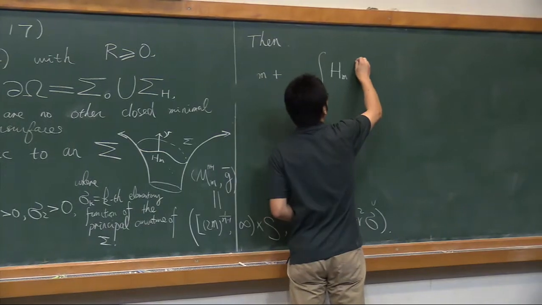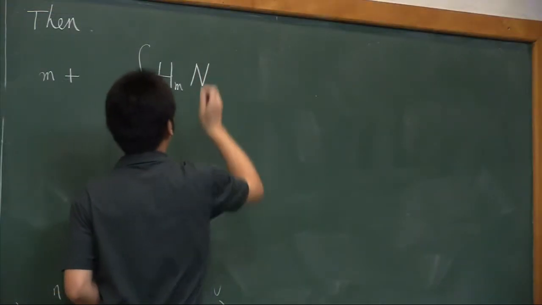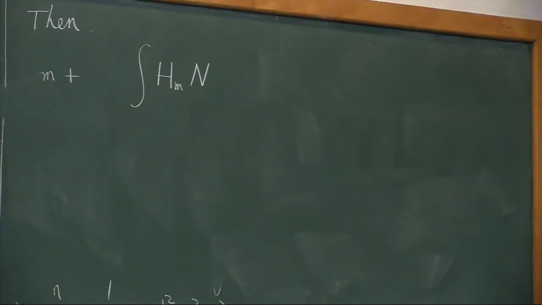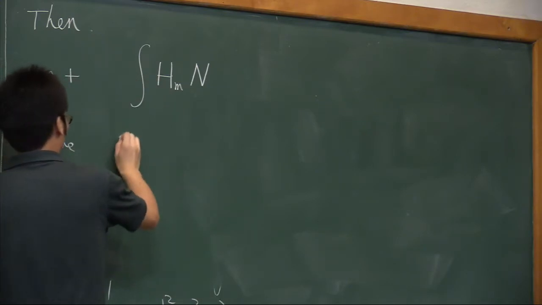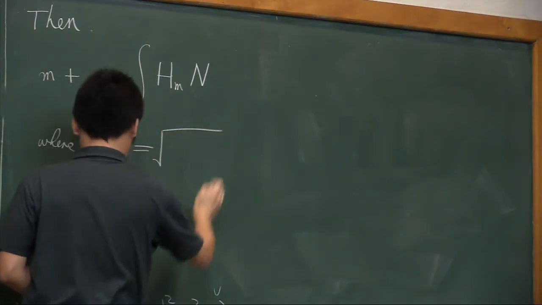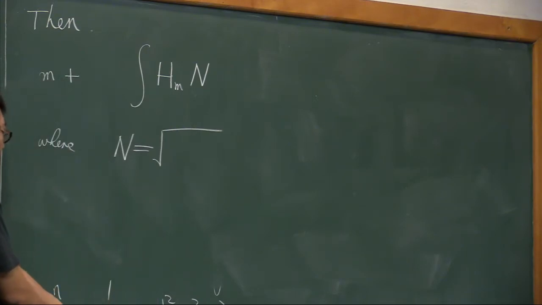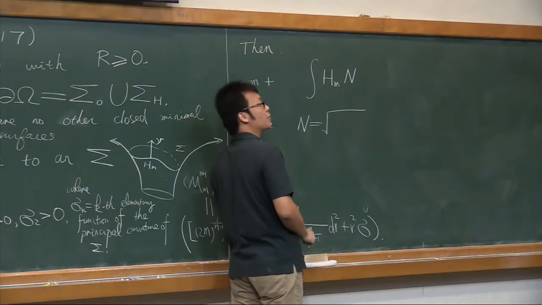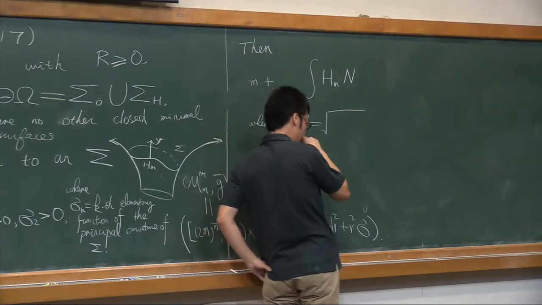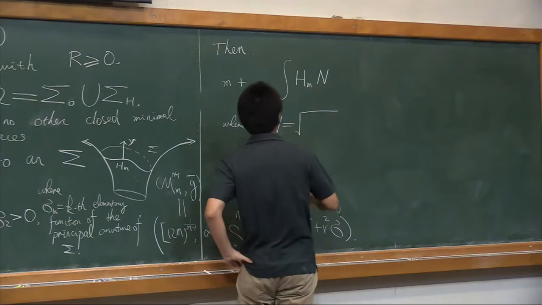And now we have a weight function n. N is explicitly given by the square root of the denominator of this warping factor, which has a relativistic meaning itself.